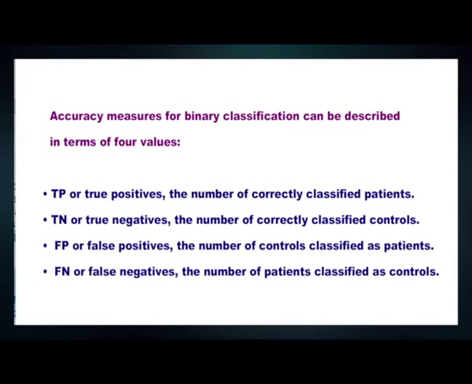Accuracy measures for binary classification can be described in terms of 4 values: TP or true positives, the number of correctly classified patients; TN or true negatives, the number of correctly classified controls; FP or false positives, the number of controls classified as patients; FN or false negatives, the number of patients classified as controls.